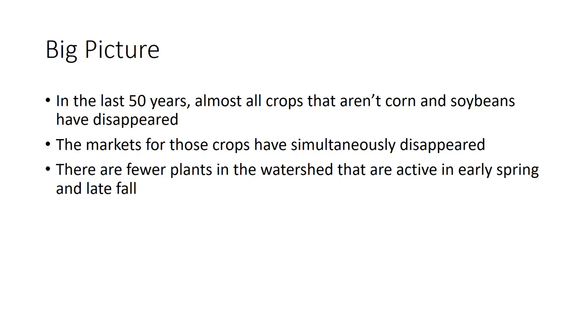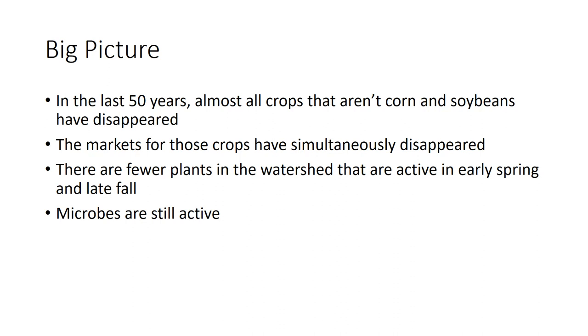And as a result, on a watershed basis, there are very few plants growing in the early part of the spring. The entire watershed is pretty much all corn and bean fields, and the result is that in early spring or early summer, there are very few plants growing, and it makes for a very leaky system because all the rainfall just leaches through and washes away all the nitrogen.